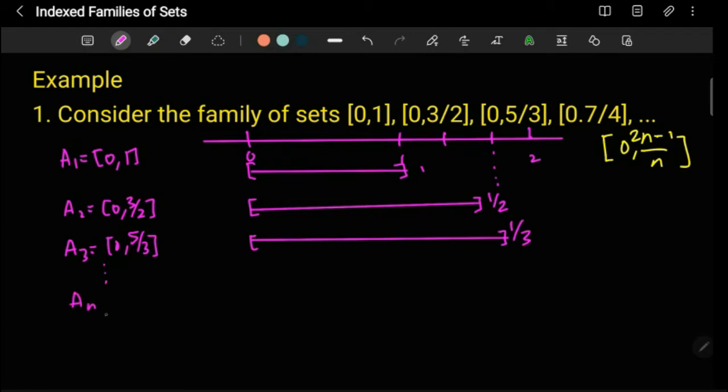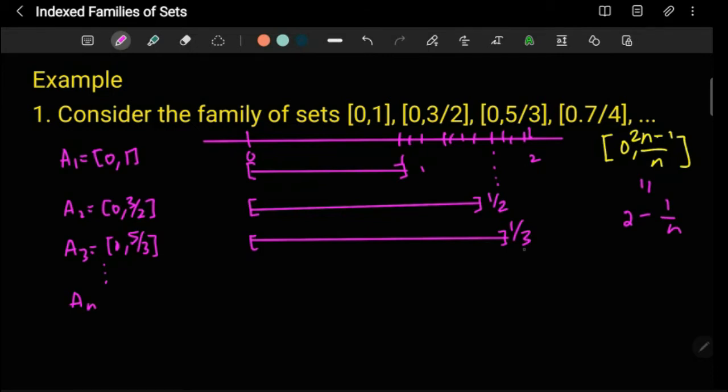So, all you need to do is to find 2n minus 1 over n. Ibig sabihin, all you need to do is to divide the segment into n, di ba? I-divide mo lang into n equal segments, and then get the 2n minus 1, yung pinakahuli na segment. Aalisin mo lang naman kasi this is equal to 2 minus 1 over n. So, tatanggalin mo lang yung huling 1 over n.